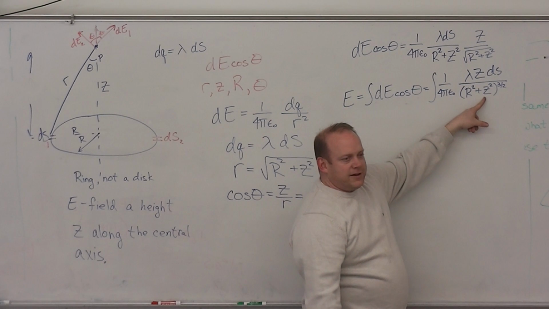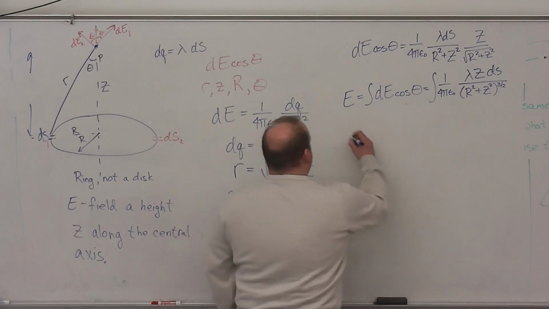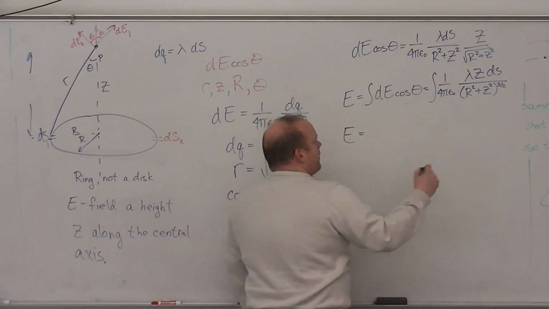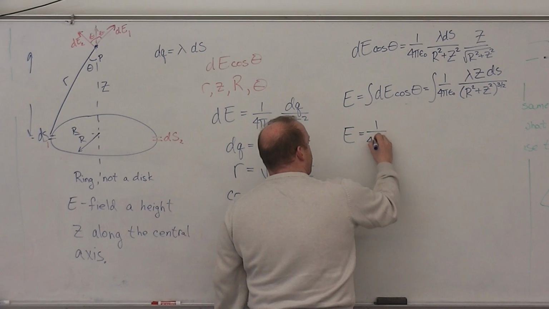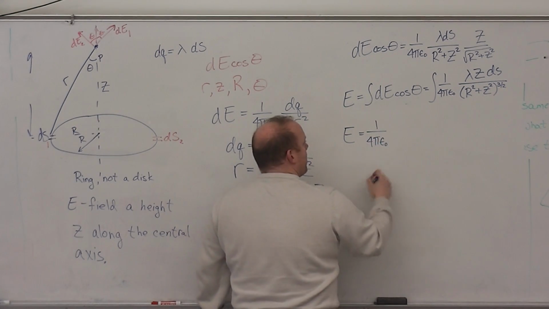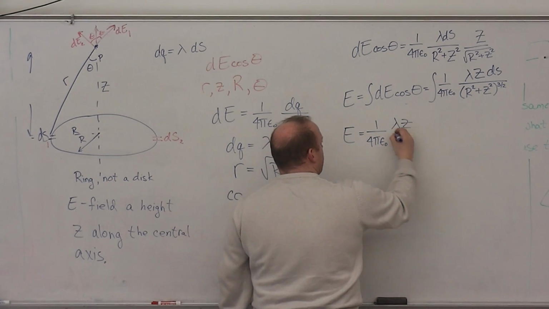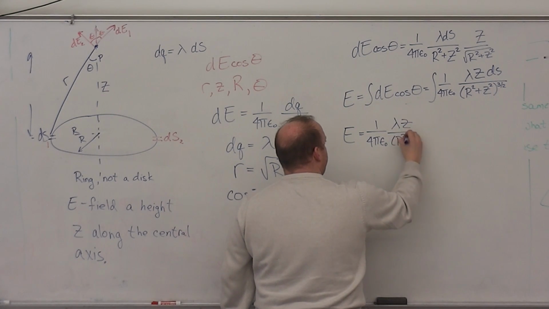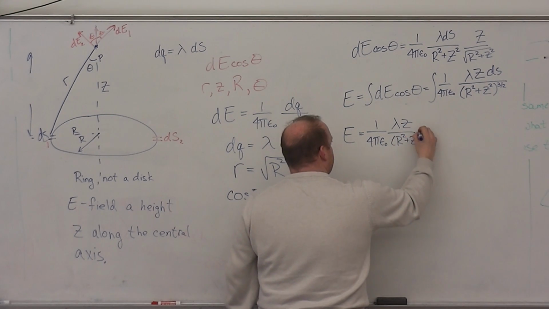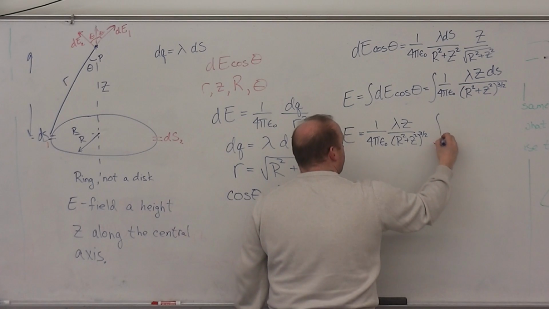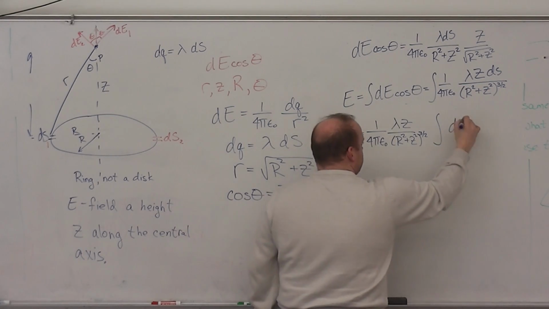R is constant, z is constant. Everything in this integral is constant. So my electric field is equal to 1 over 4 pi epsilon naught lambda z over r squared plus z squared to the 3/2 power integral of ds.